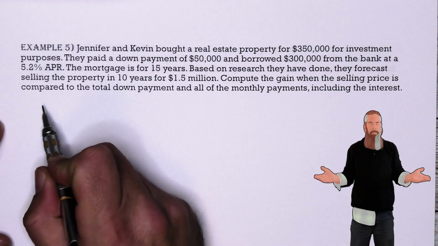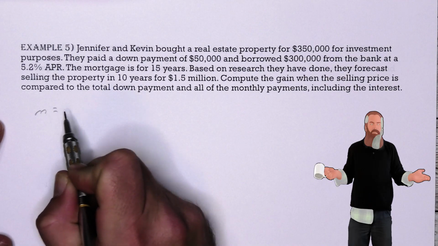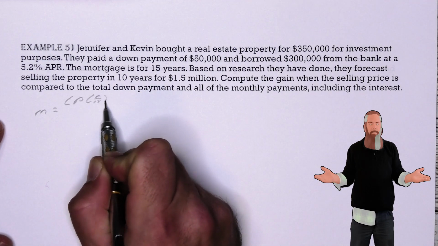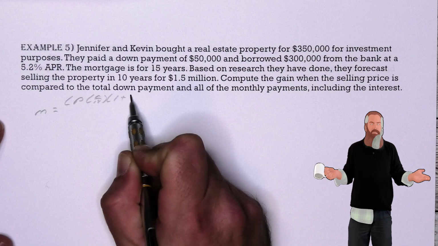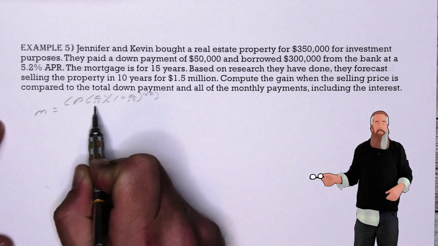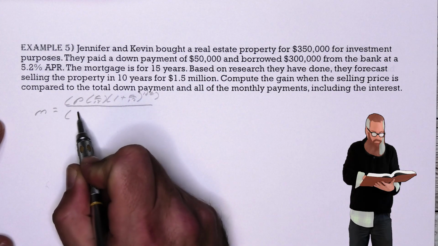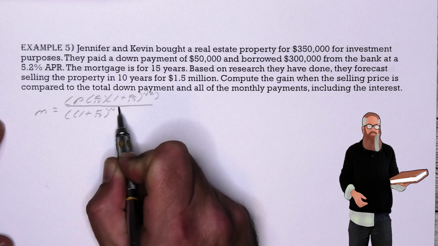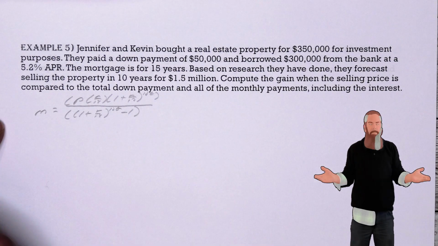Previously, we have learned how to compute monthly payments with the formula M is equal to P times R over 12 times 1 plus R over 12 to the 12 times T power, all over 1 plus R over 12 to the 12T power minus 1.